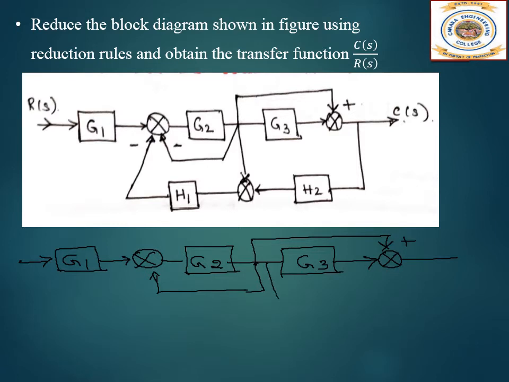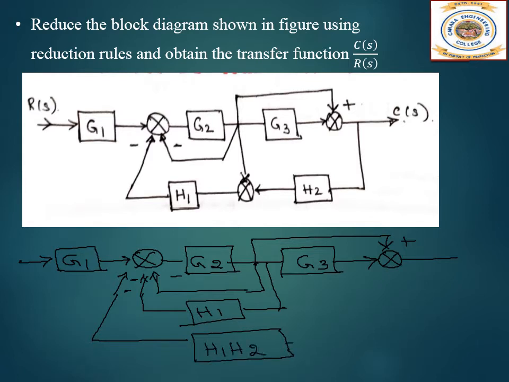Then see, one more, I will club this. This is minus, this is also minus. So here this will have H1. Then one more part, this is also minus, this is minus. So that is H1 and H2, and the takeoff point is here, the output end. See, now it is simpler to solve.